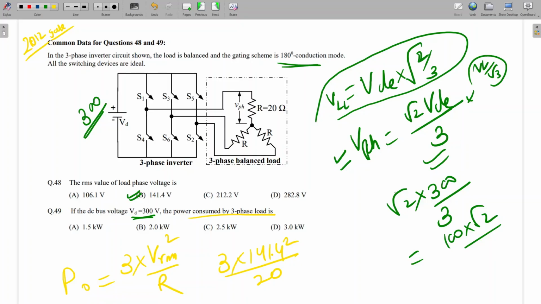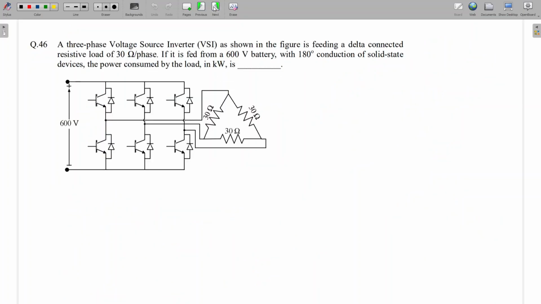How much? 3 kilowatts, sir. Yes, so it will be 3 kilowatt, the correct option. It will be approximately 3 kilowatt only. Moving to the next question.